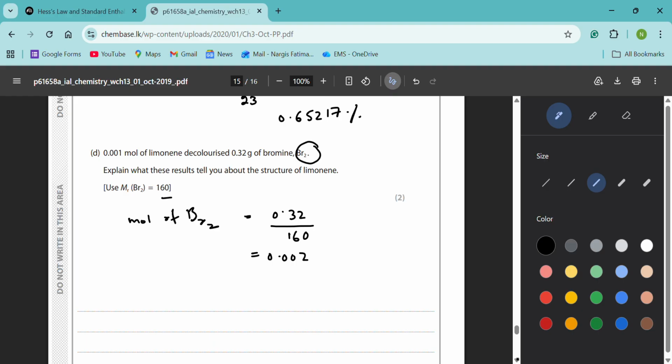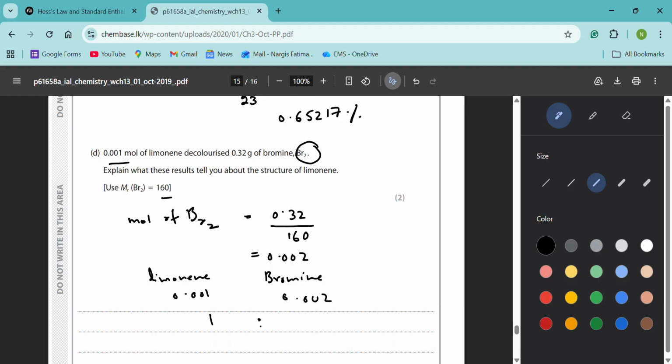These are the number of moles of bromine. Now the ratio of moles of limonene to bromine: the moles of limonene is 0.001 and moles of bromine is 0.002.